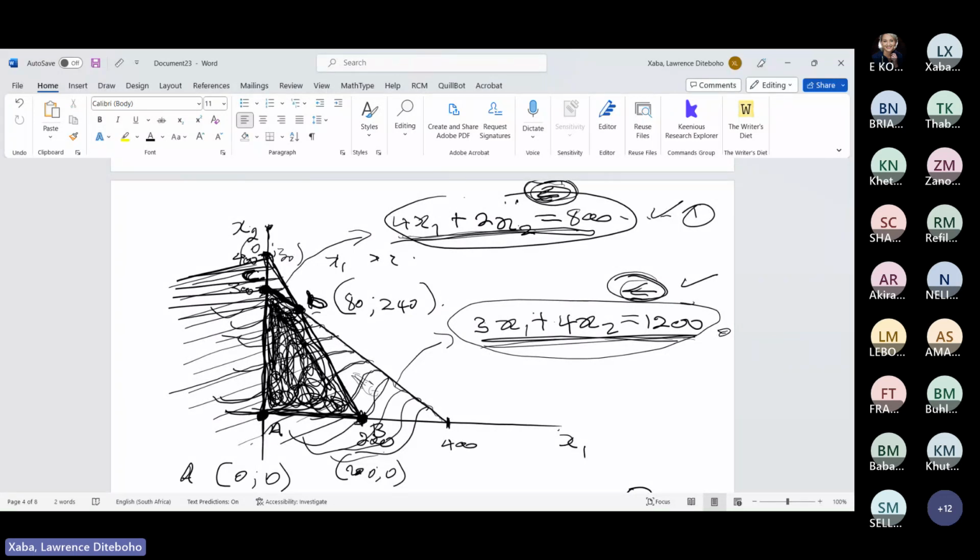If you remember, I said to you, our feasible region is where our possible solution lies. So our possible solution is lying at these 4 corners.